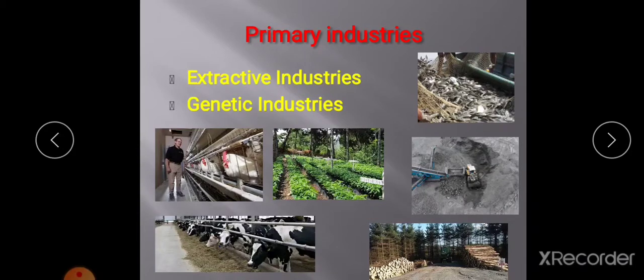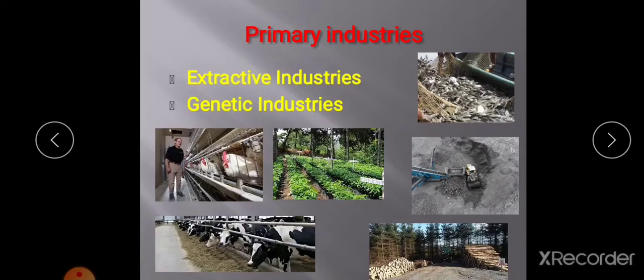So these industries work through the products which are extracted from the natural resources like forests, rivers, water, then minerals from mines. So one thing is, the products of these industries are either used directly, consumed. These are used directly by human beings.